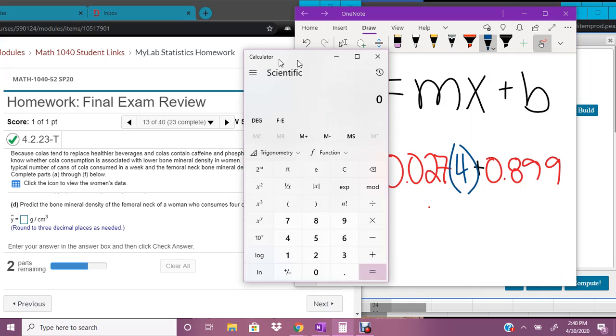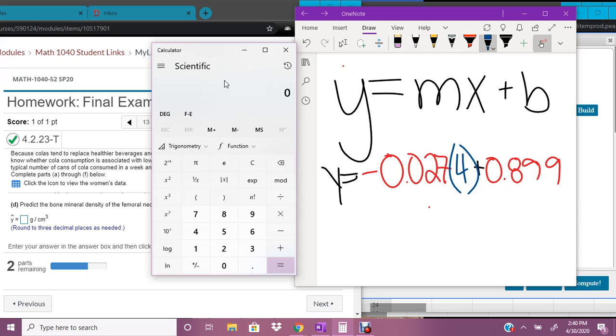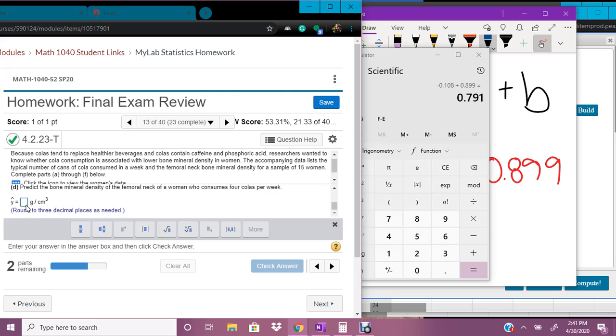Remember order of operations, you always times first. Oh, I didn't like that. So 4 times negative 0.027, and then we're going to add this right there. And that's the number we get for our bone density.